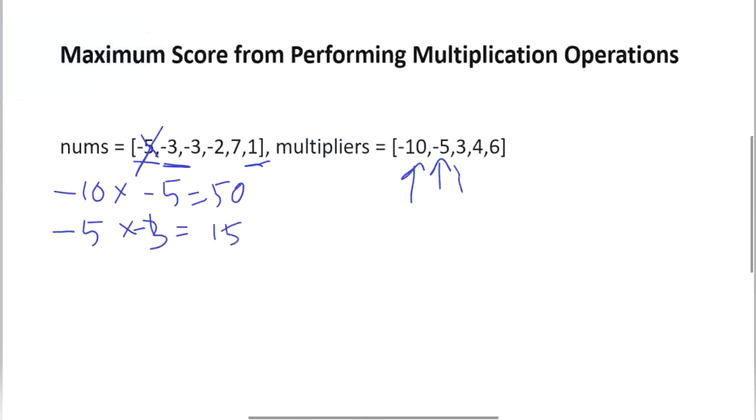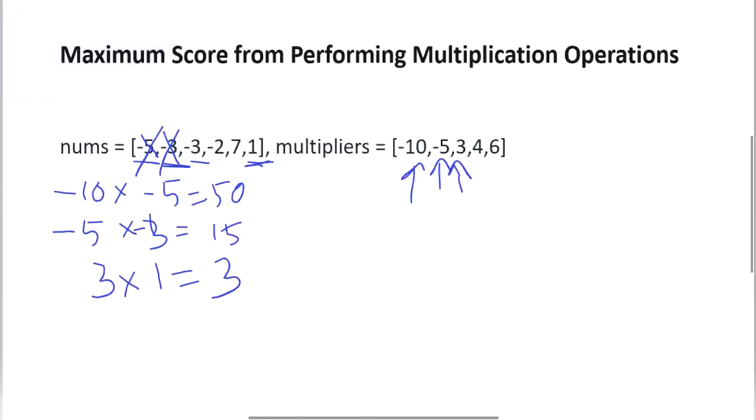So moving on to the third value, 3. Now it's time to multiply it with -3 or 1. So multiplying 3 with 1 is actually going to give us more value. So 3 into 1 is going to be 3, but this is the wrong step we are taking.